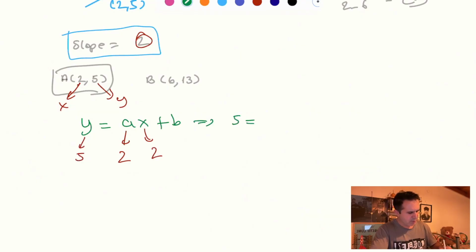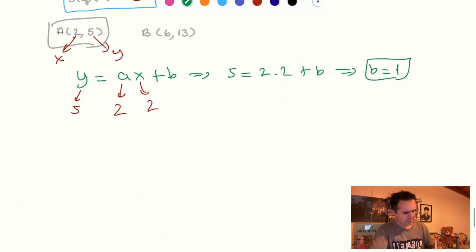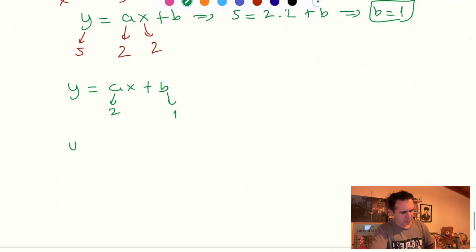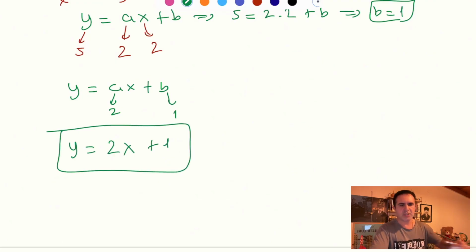Then 5 equals 2 times 2 plus b, and this gives us b equal to 1. Then for the equation y equals ax plus b, we just need to put in a and b. y equals 2x plus 1 is the equation of the line.